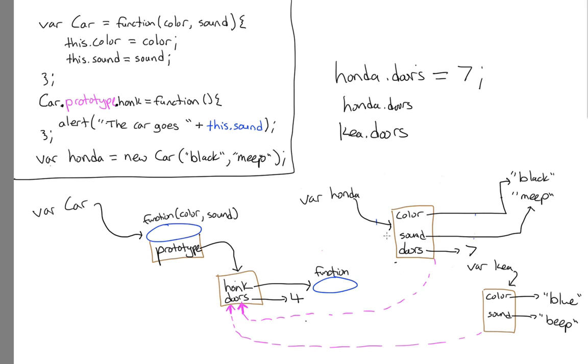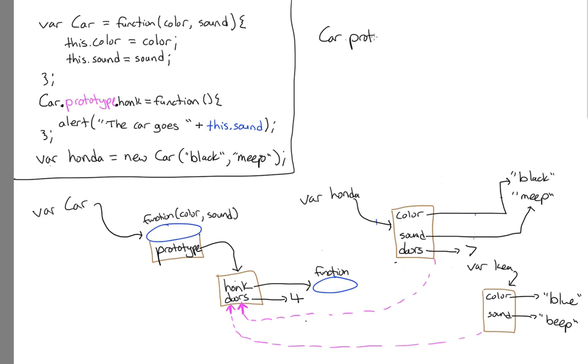One last thing. If we want to change doors to some other number, then we will have to do that in the prototype. So that would look like car.prototype.doors equals 2, for example.